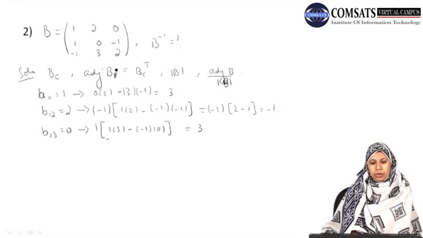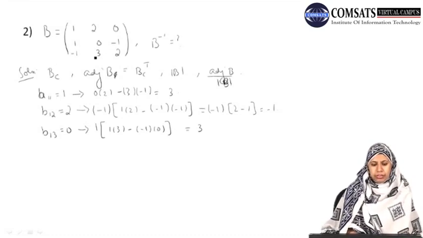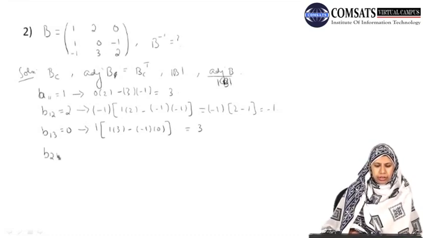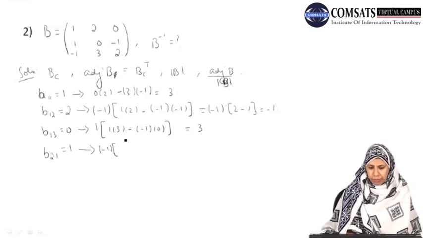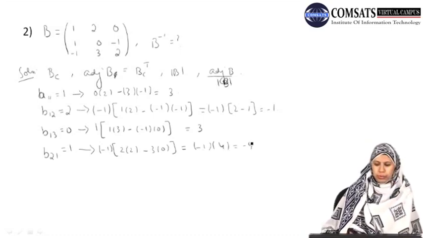Similarly, we have to find the cofactors for the rest of the entries. For the entry B21, which is 1, the number associated will be -1. Okay, and now the minor of this entry will be 2 into 2 minus 3 into 0, which is -1, into 4, which is -4.